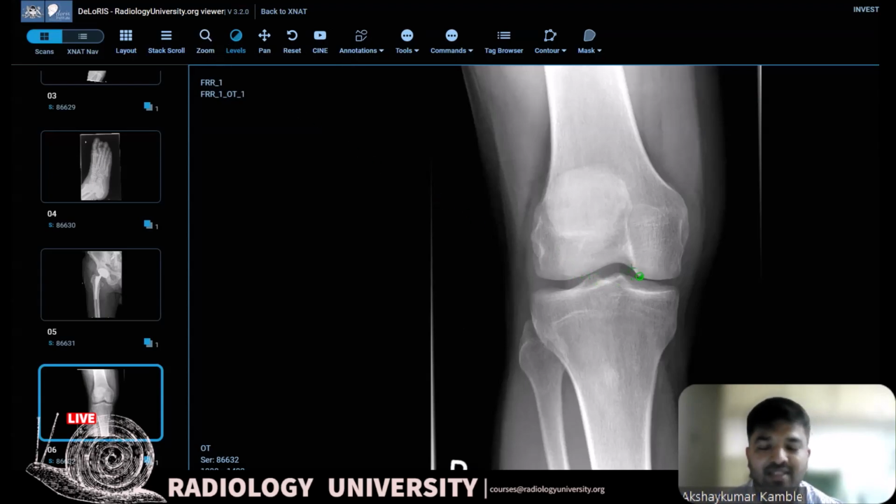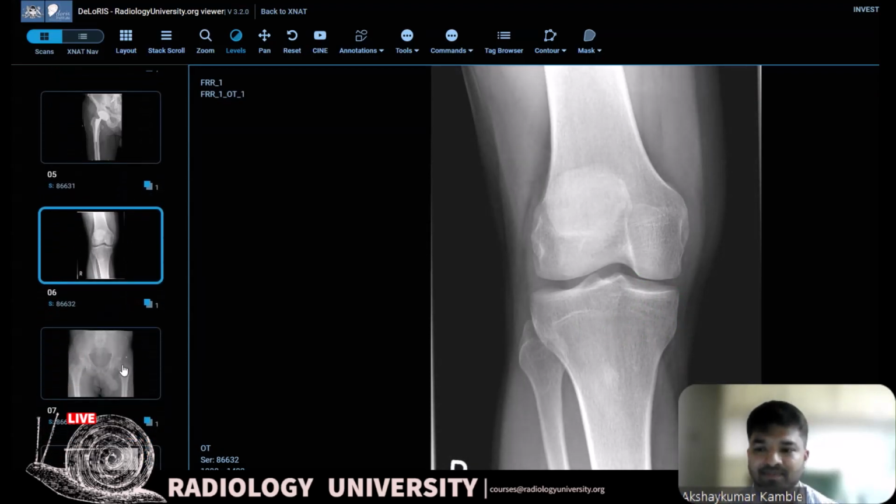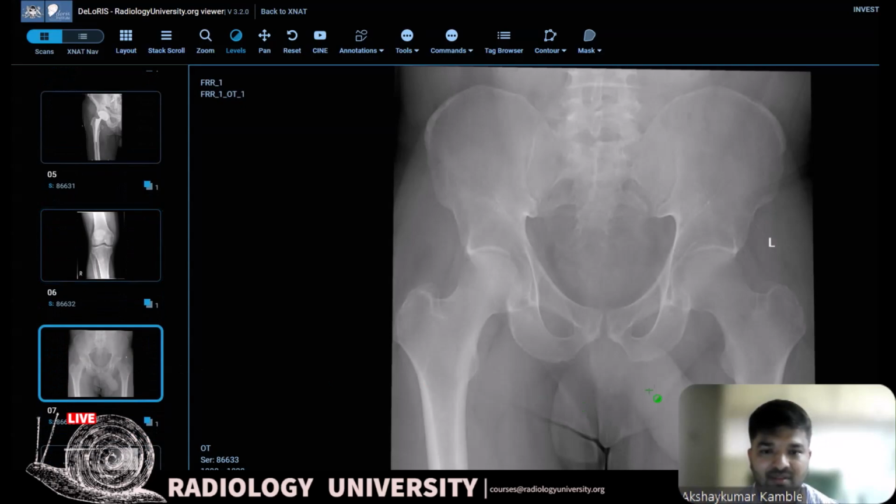The key with rapids is, once the film goes up, in the first 15 or 30 seconds, if you don't see any obvious abnormality, that's going to be normal. Okay. What about this one?